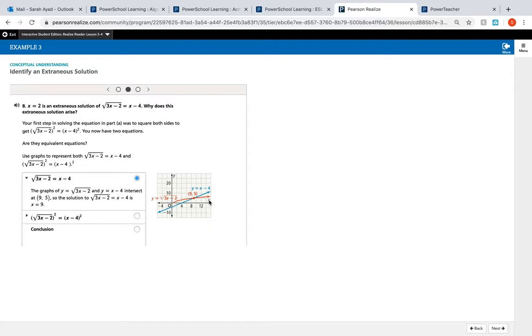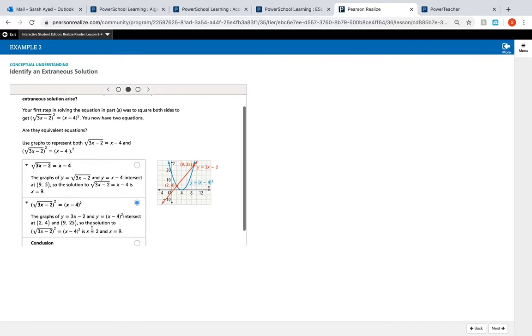Okay, so here we have a square root equal to a linear function, because this is the orange graph, a square root function, and x minus 4 is mx plus b. That's a linear function. So here it is. We only see one point of intersection there, right? So therefore, we can only have one solution.